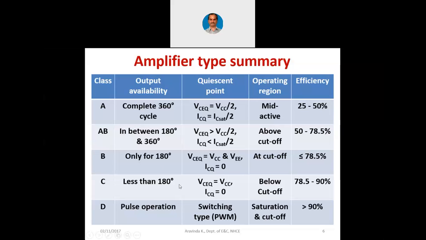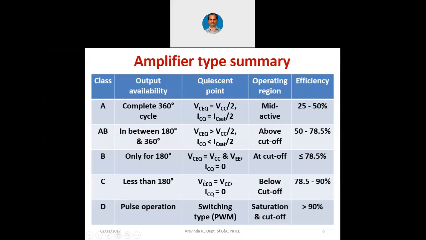That way the quiescent point will be either VCC and VEE if we have push-pull operation. I am going to talk about push-pull operation later on when we use PNP and NPN together. So as of now, understand that the quiescent current is 0 because the transistor is completely off. So the Q point is at cutoff region only.